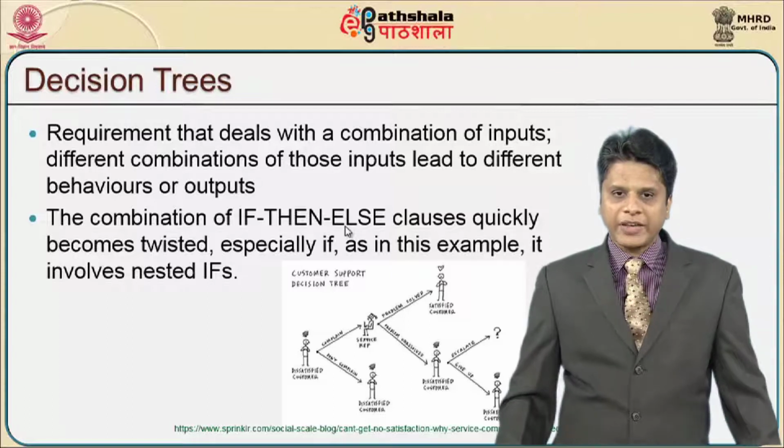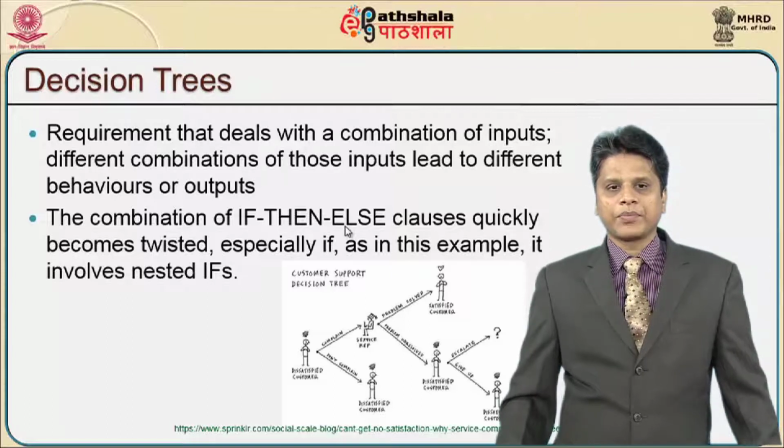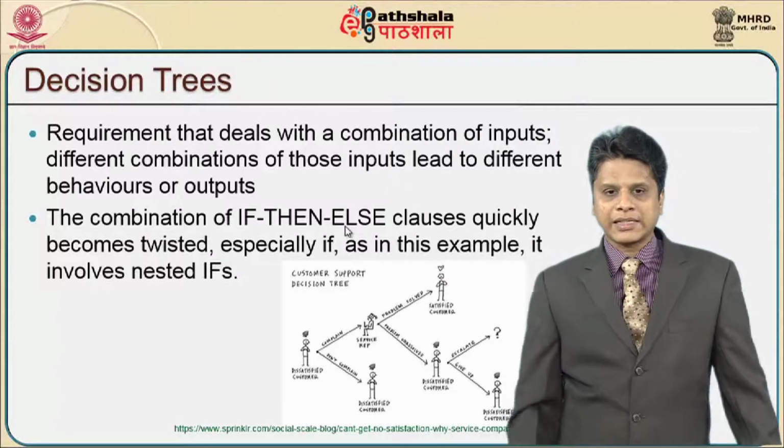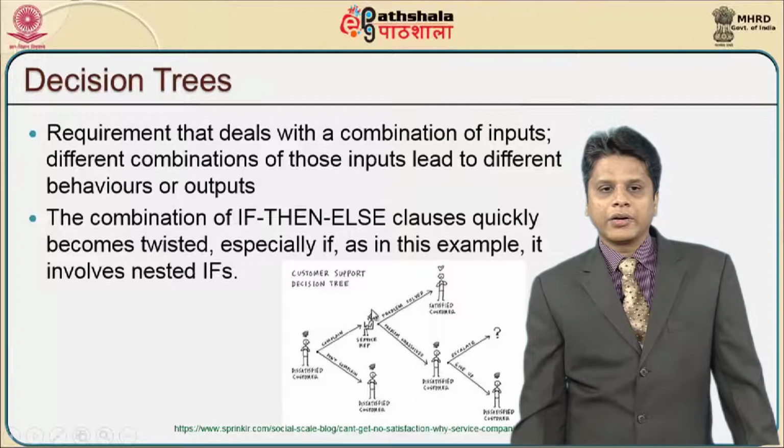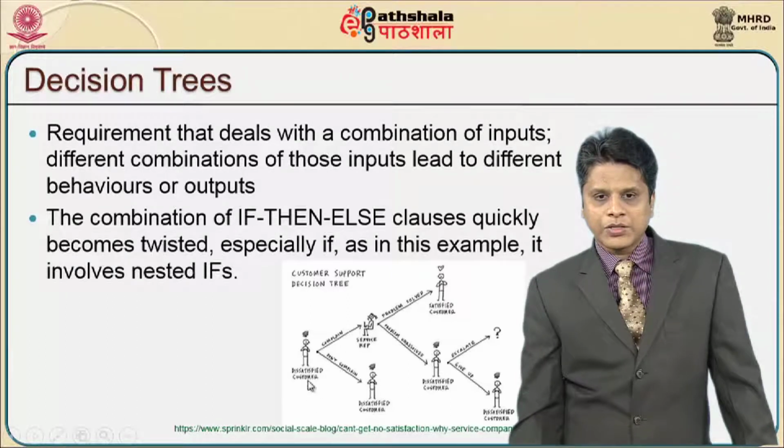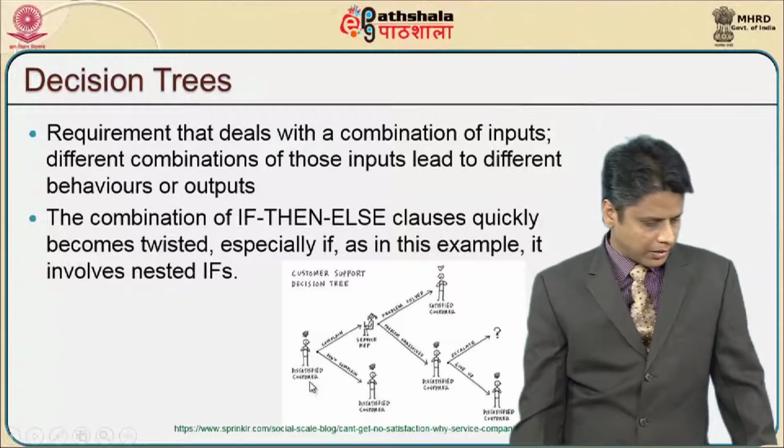So the combination of if then else clauses quickly becomes twisted, especially if, as in this example, it involves nested ifs. So I switch to a customer support decision tree where I have a state like this.